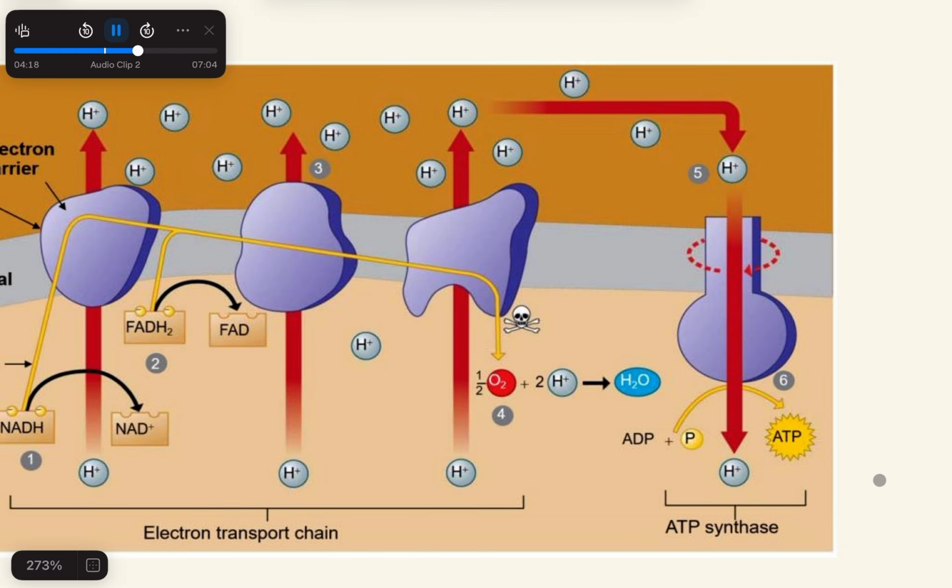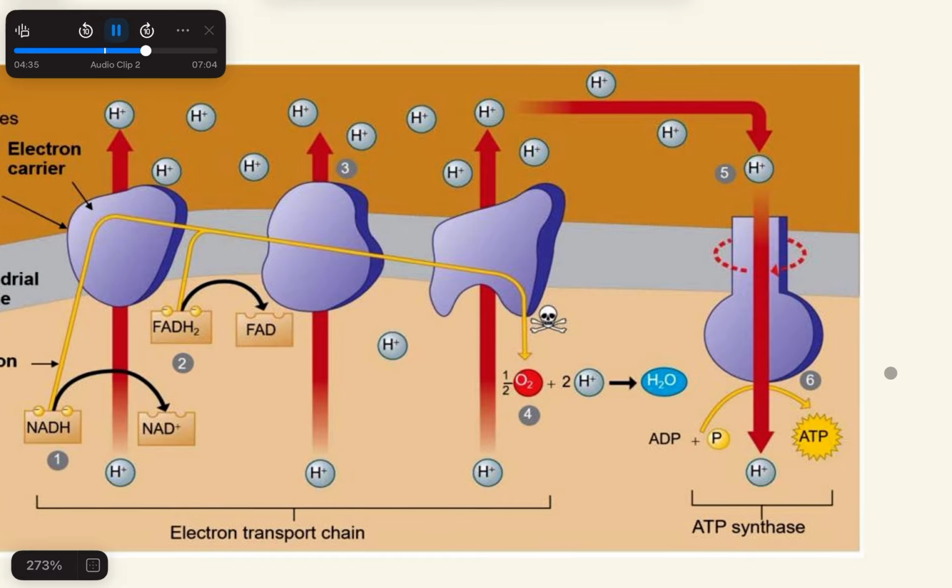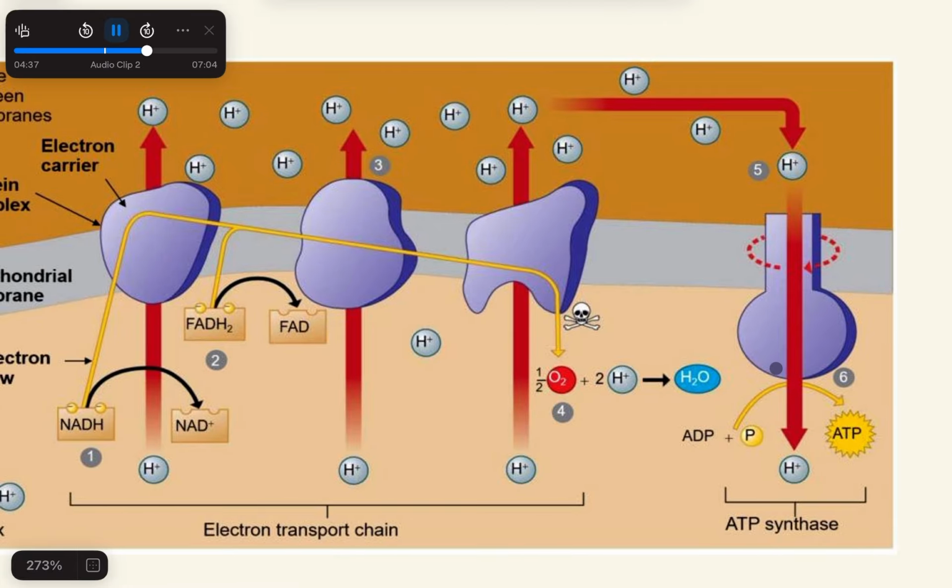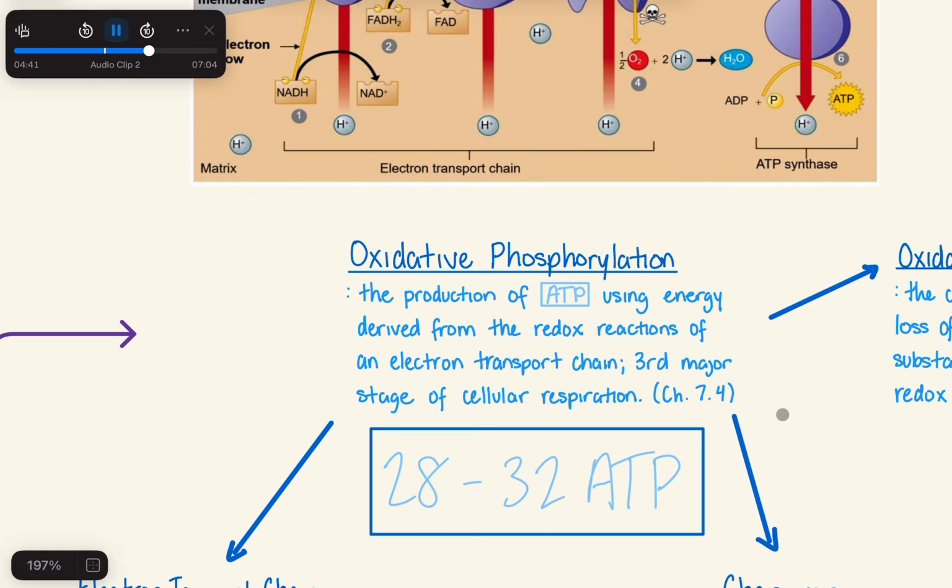And that is what really creates most of the ATP. The protons will shuttle down the protein complex, and it'll activate it, therefore creating ATP. It is a very indirect process, and it's not as direct and quick as substrate level phosphorylation.